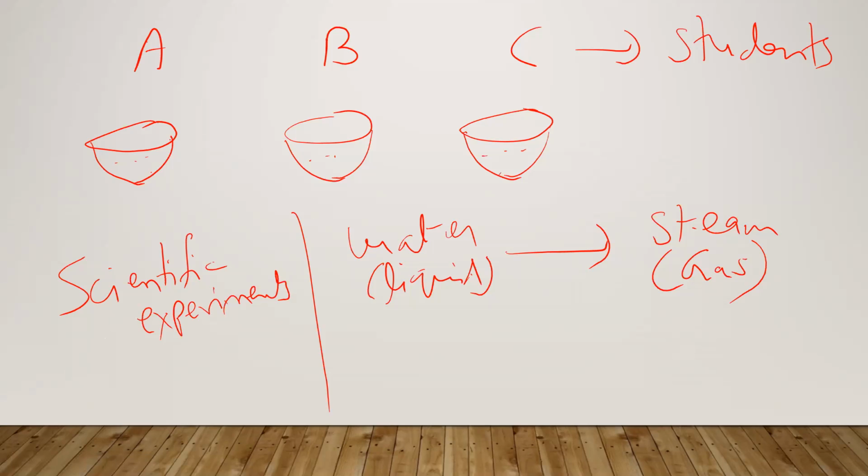There are some other type of experiments where the outcome or result of the experiment may not be same. For example, if I give a coin to these three students and ask them to toss the coin, you know that the coin has got two faces.